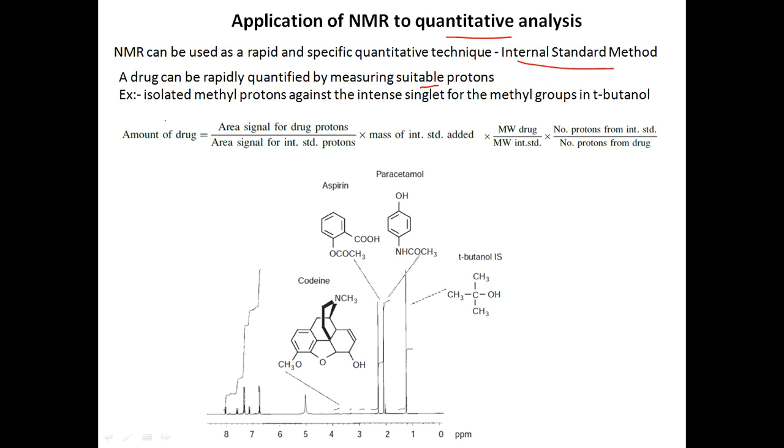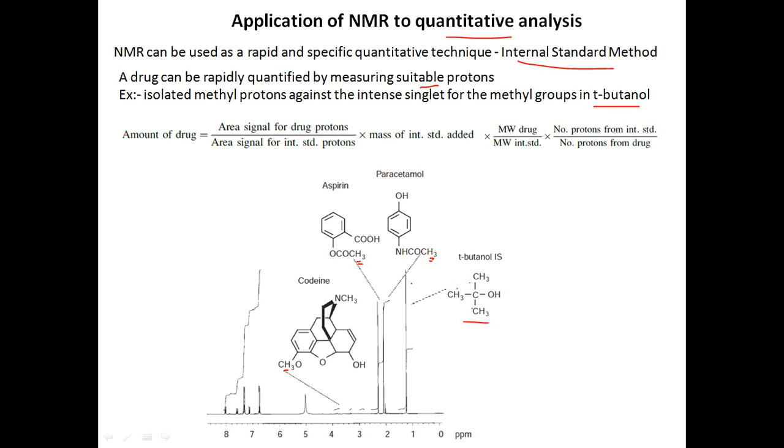As an example, we'll see an isolated methyl proton studied against an internal standard, a singlet, which is tertiary butanol. So tertiary butanol is used as the internal standard when methyl protons are detected for quantitative analysis. All three methyls give a singlet, right?